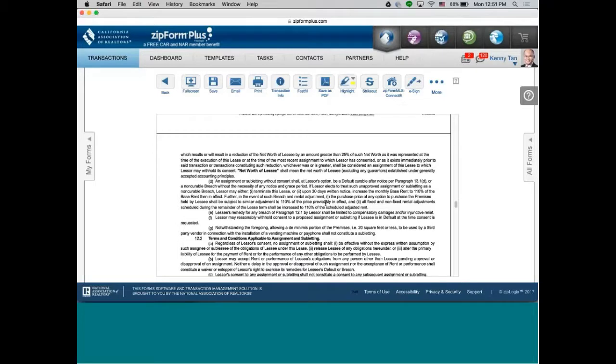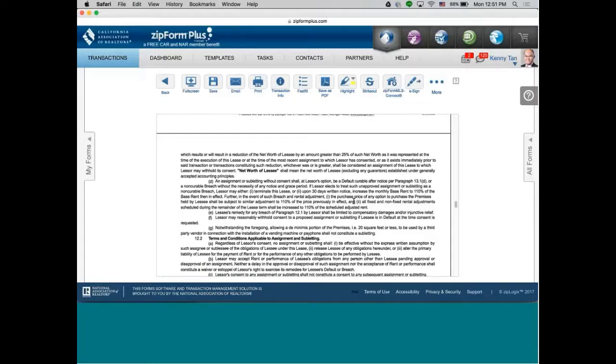Now, if you happen to have an option to purchase from the landlord and you have an unauthorized assignment, the landlord is able to charge you 10% extra on the purchase price when you exercise the option to purchase. Okay? All right?